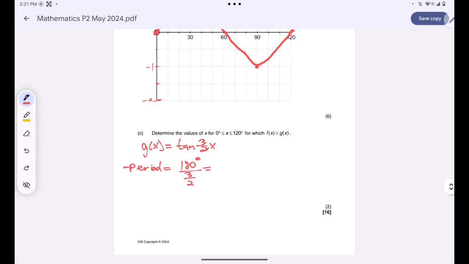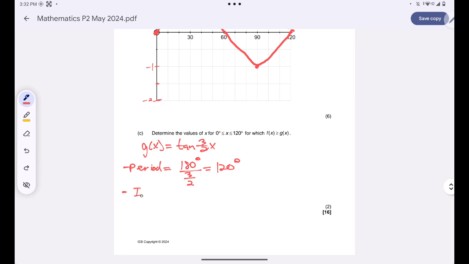Are we together? So 180 all over 1.5, I get 120 as my period. Which simply means the complete cycle of my graph will finish at 120 degrees.